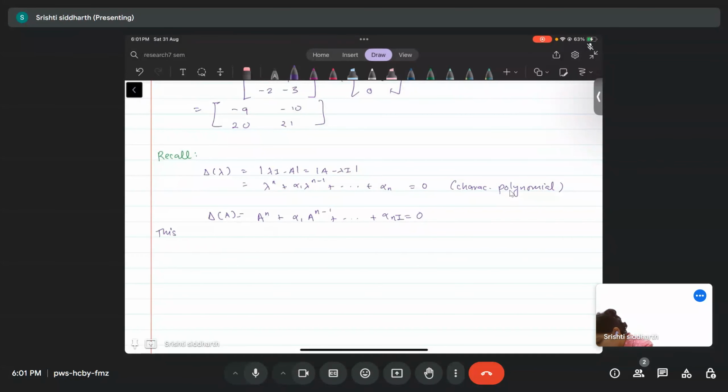Okay. So this theorem provides a simple procedure for evaluating the function of a matrix.